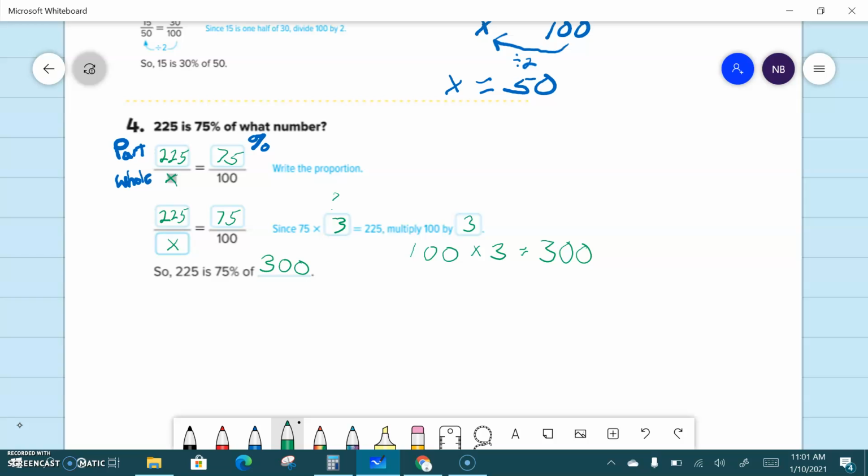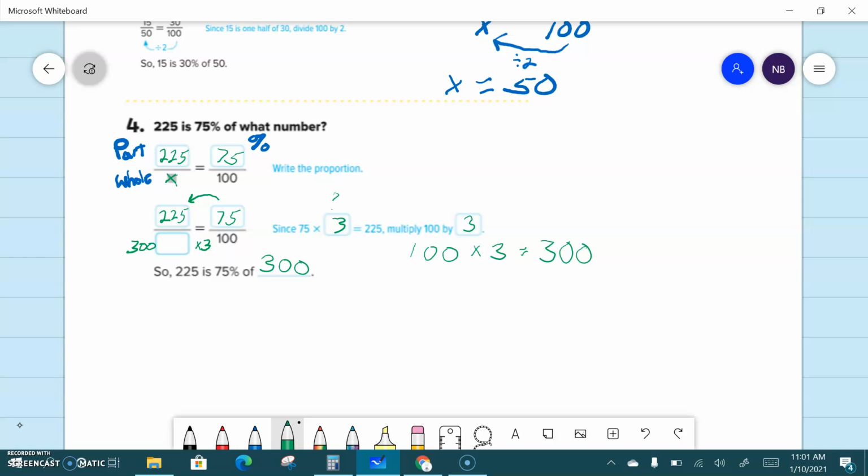Now, because 75 times 3 equals 225, we need to do the same thing to the bottom. 100 times 3 equals 300. So the tricky part here is we're going to be looking a little backwards because you're used to going from left to right.